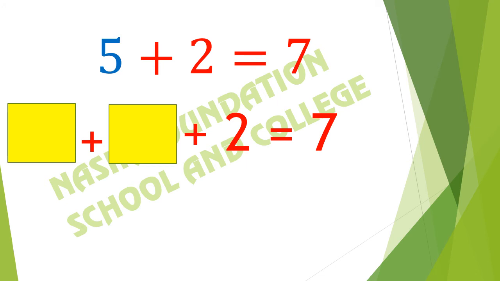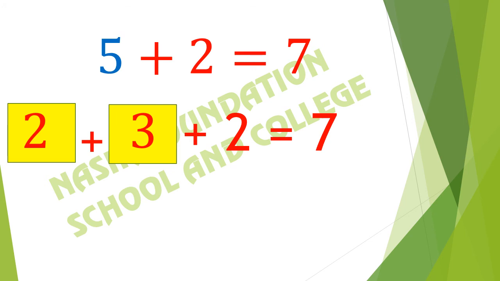In 2, if we add 5, we get 7. We have to split this 5 into two numbers. So, if we add 2 and 3, we get 5. So, if we add 2, 3 and 2, it comes to 7.